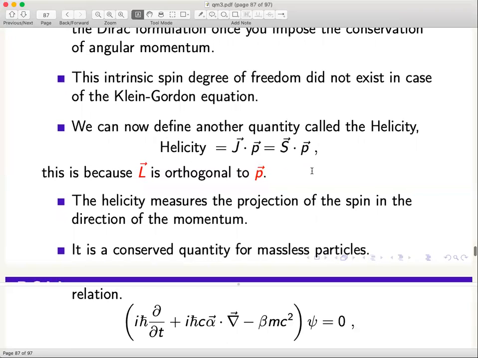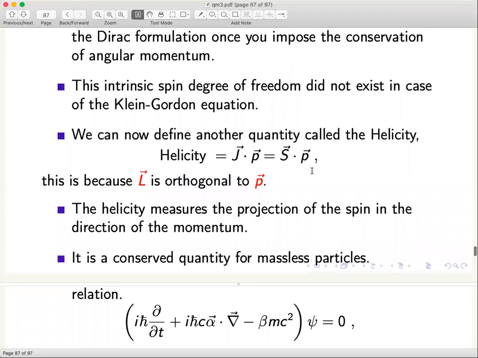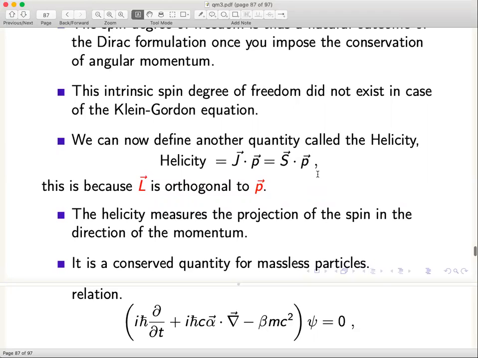In particular, in particle physics, it has an interesting role to play. Now remember one thing: although it is a conserved quantity for massless particles, it would be a good quantity even for massive particles if they are moving at very high velocity.